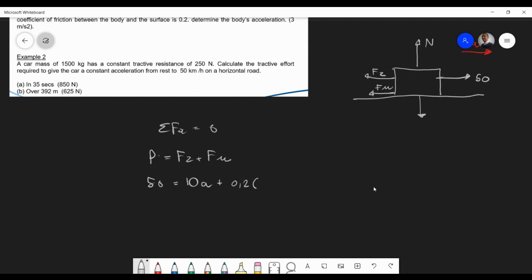The normal force is essentially mg, if I'm correct. So that's going to be 10 times 9.81. One unknown over there, so it's going to be 50 minus 0.2 times 10 times 9.81, divided by 10. And if you get this, your acceleration should be 3.083 meters per second squared.